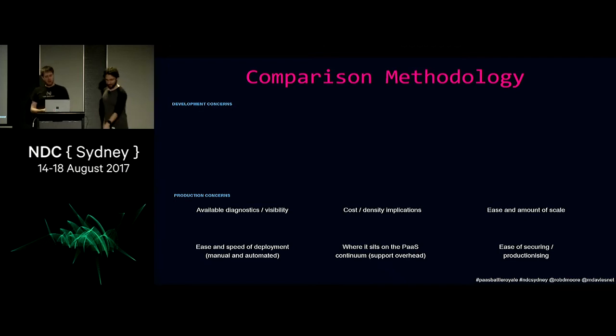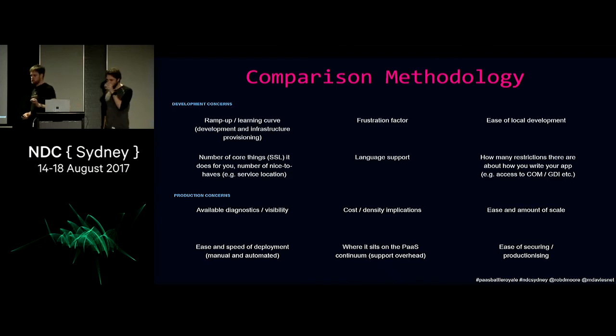Yeah, and these are all obviously really important, but the development concerns are also really, really important. If you force your development team to use a technology that doesn't really match with their way of working or the type of application that they're trying to build, then you're going to just slow them down.